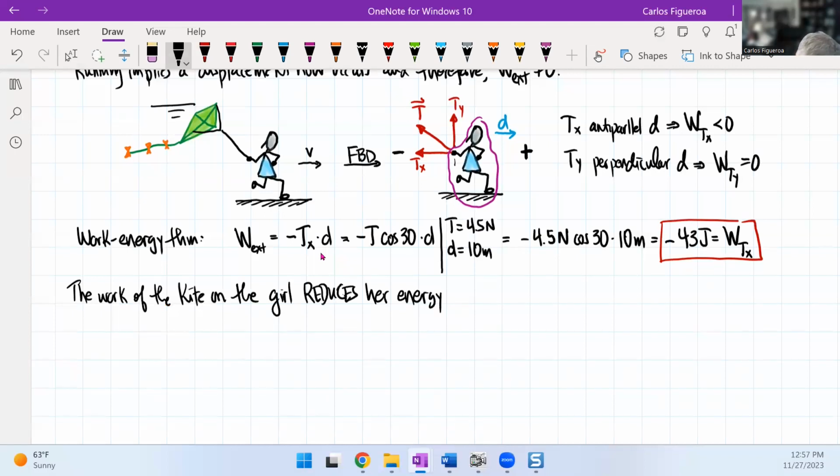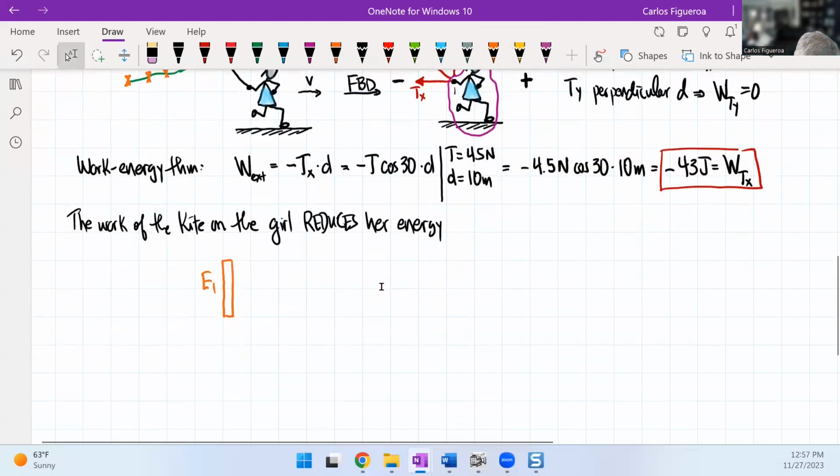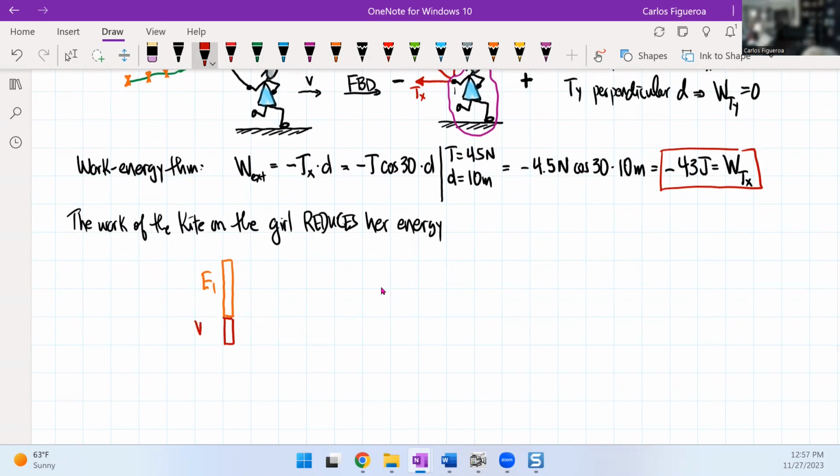So picture-wise, we could imagine that she starts at a high energy, and we're going to call that E1. And then what's going to happen here is that there's going to be negative work. This is going to be negative work of Tx here. And the only thing that matters here is that Tx reduces the available energy of the girl, lower energy right here.